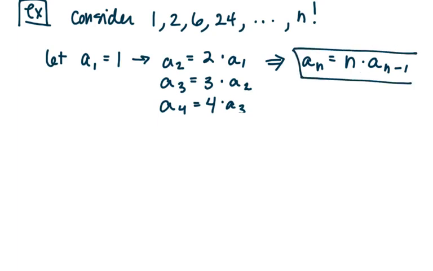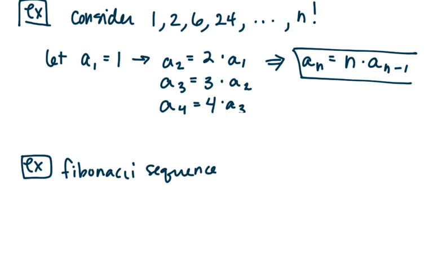And then the sequence of Fibonacci numbers. So Fibonacci numbers: 1, 1, 2, 3, 5, 8, 13, and it keeps going. Fibonacci numbers are the sum of the previous two numbers. So in this case, in order to determine this, we're going to start with two initial values.